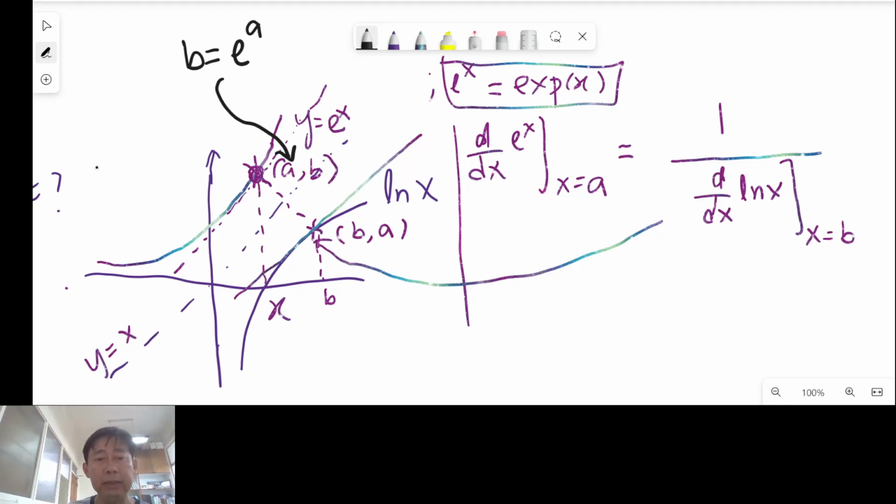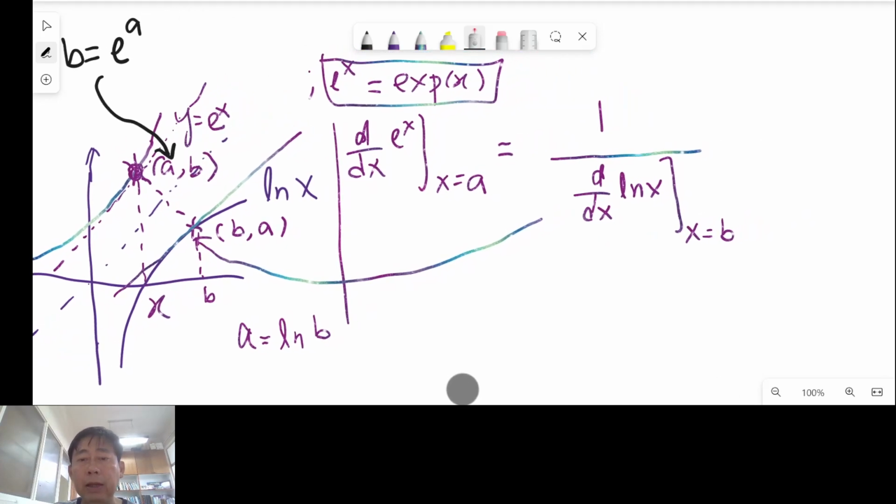If you look at this point, b is the value that goes into x, and the result of ln at b is equal to a. So based on this point sitting on the logarithmic function, you can write down the relationship between a and b as a equals ln b. Here on this point, b is e power a. On this point, a is equal to ln b. So we have a very nice relationship between b in terms of a or a in terms of b.